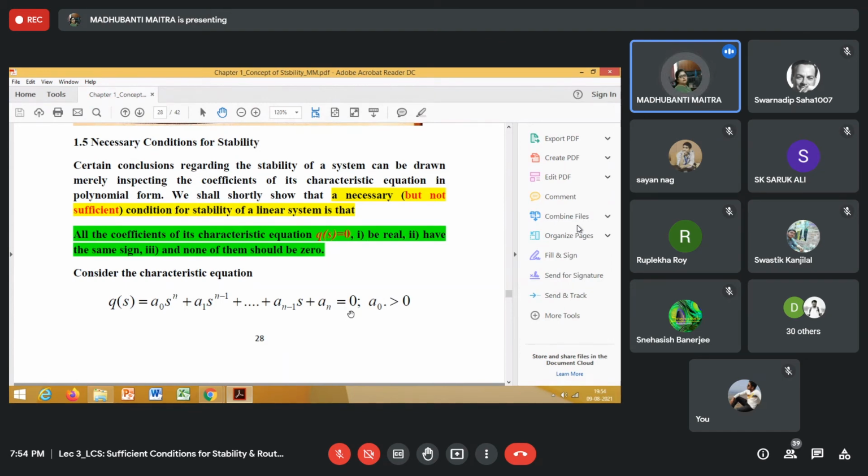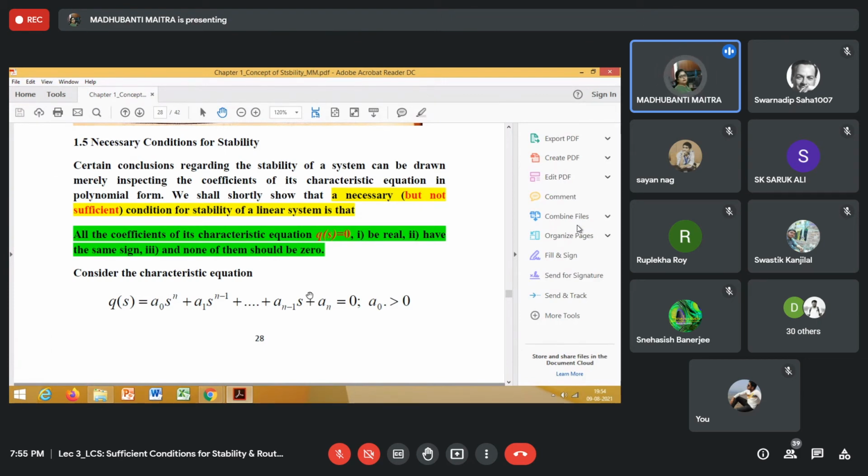And this we can assume without any loss of generality, because if a0 is negative, we can multiply the characteristic equation by minus 1, and thus make a0 positive. So if a0 is positive, all the coefficients should be positive, or in other words, all the coefficients should bear the same sign. That is the second part.